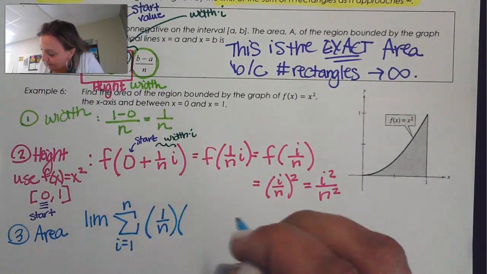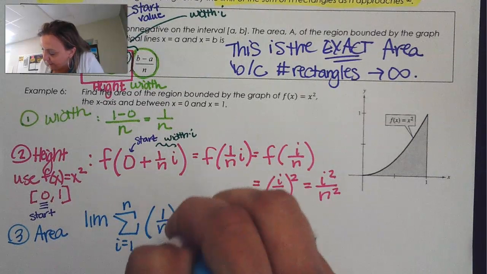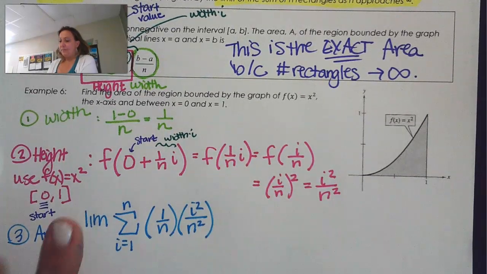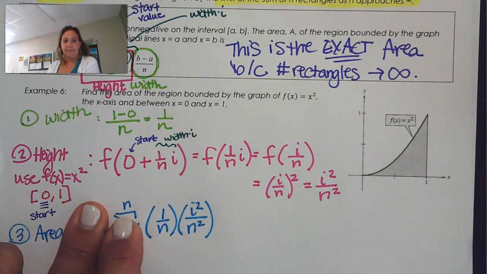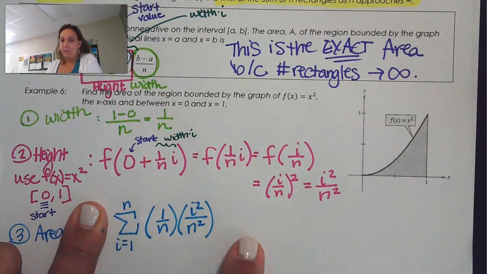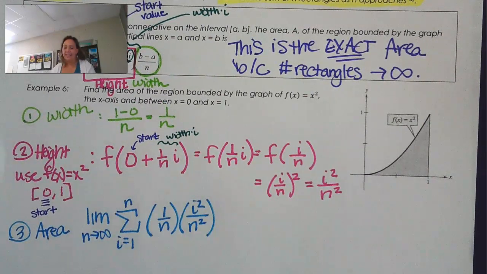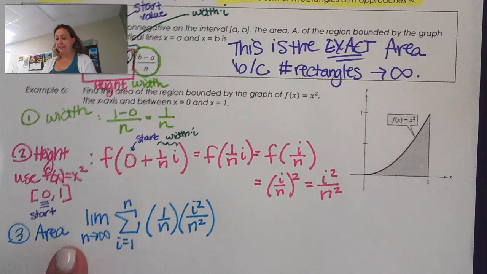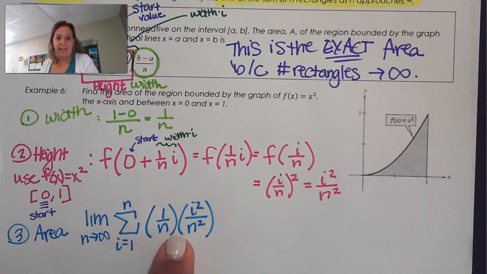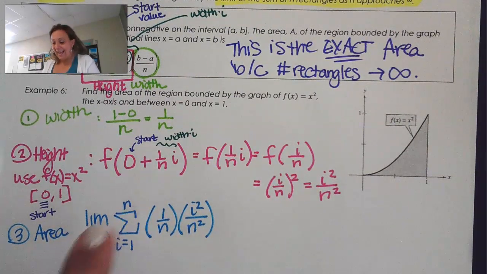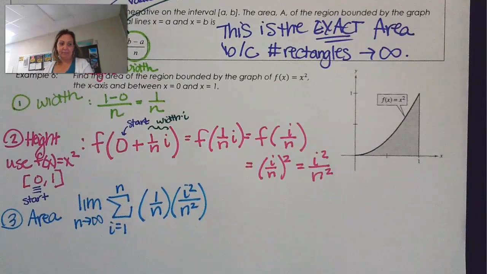And yesterday we had a specific number of rectangles, but today we're going to find the limit of that sum as n approaches infinity. So we're taking the limit of the sum of 1 over n times i squared over n squared, from 1 to n, as n goes to infinity.